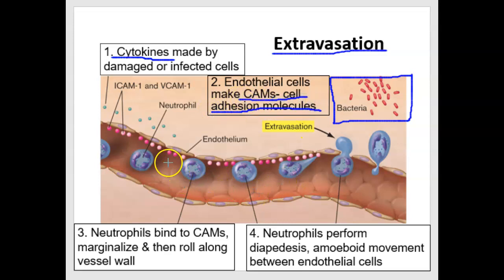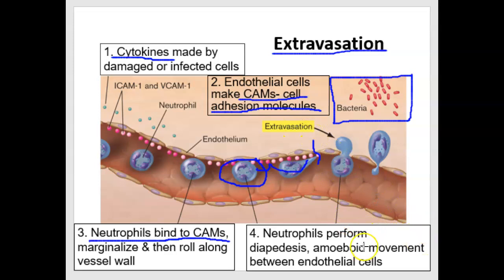The CAMs on this picture are pink, various colors of pink. Those CAMs attract the neutrophils, and other white blood cells, but neutrophils usually respond first, and the neutrophils bind to the cell adhesion molecules on the surface of the blood vessel interiorly, and they roll along the blood vessel, eventually finding a spot that they can squeeze through.